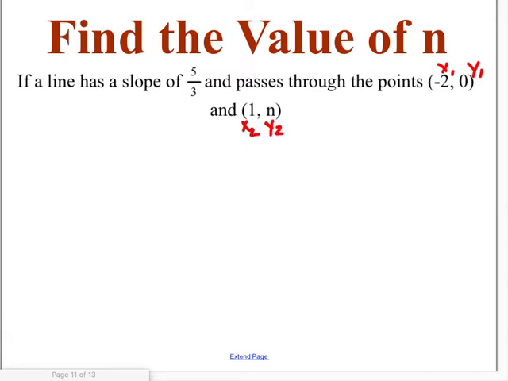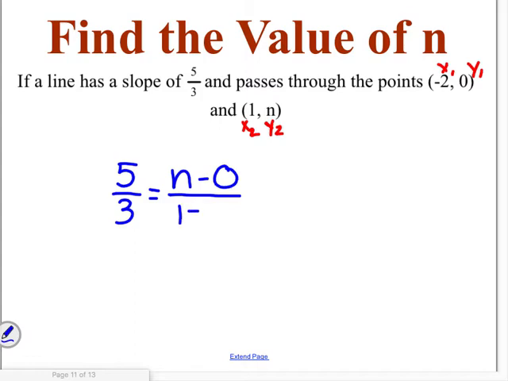We can use our slope formula to help us out. So we know the answer to slope now, so instead of writing m, I'm going to start with saying 5/3. Then we still have our difference of our y's, so y2 minus y1 over x2 minus x1.